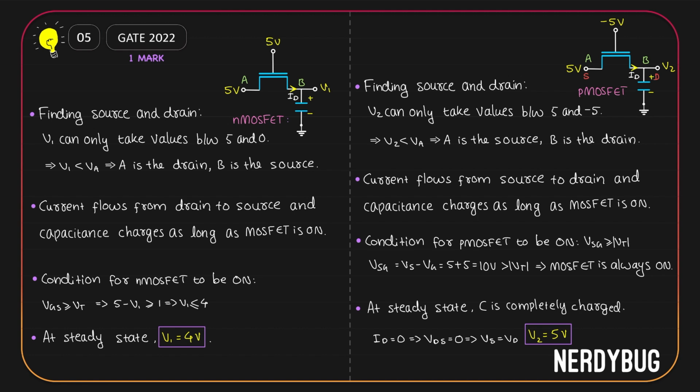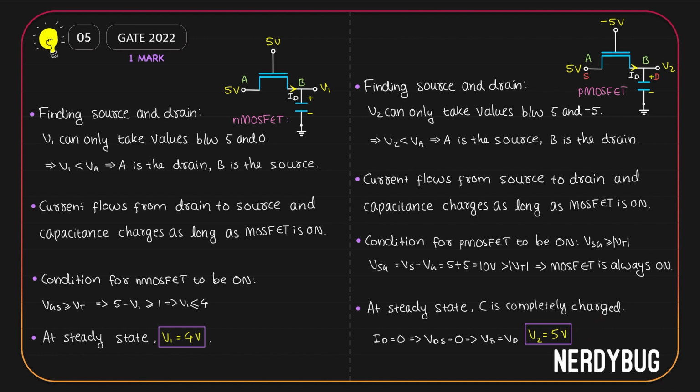Now you don't have to go through the entire thought process every time you see a problem like this. I'll teach you a trick. In the case of pMOSFET, we started by saying V2 can only take values between 5 and minus 5. Here, the MOSFET is always on. So V2 took the maximum possible value 5 volt.